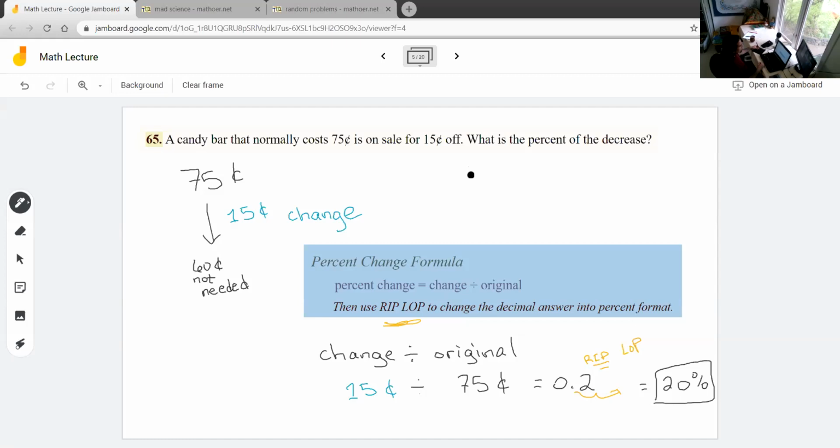No questions. We're all good. Okay, well, it will get harder and then you'll have questions. So this time was nice. They gave us the change and they gave us the original, and that's what the formula needs.